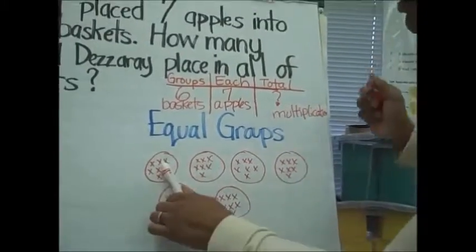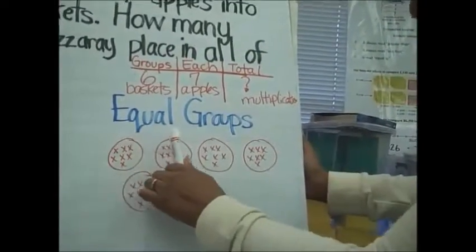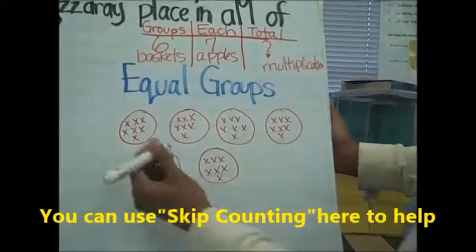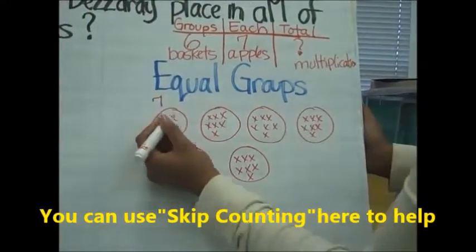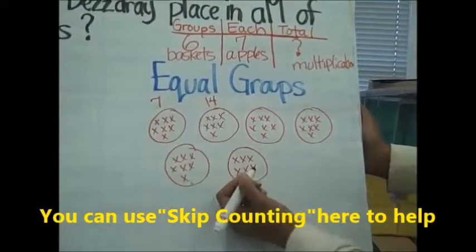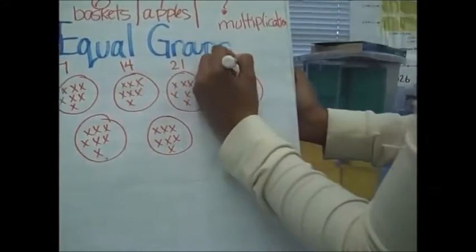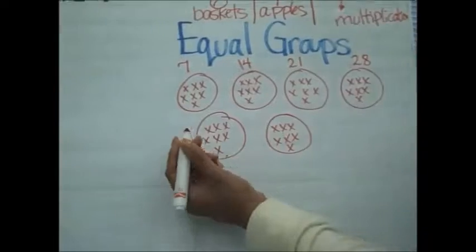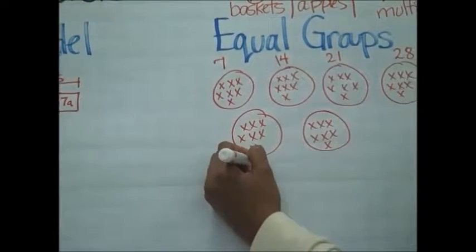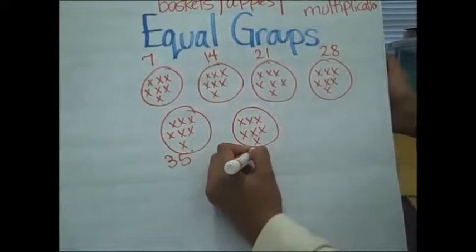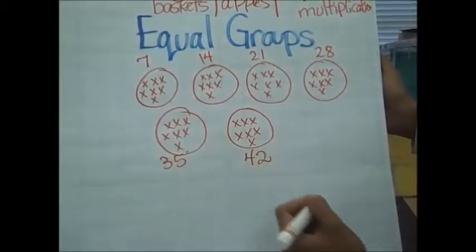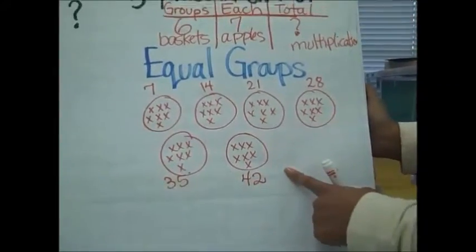To help me with counting this, I could use skip counting as I go along. I know I have 7, another group makes that 14, a third group makes that 21, a fourth one is 28, a fifth one is 35, and my 6th group makes it 42. So I've solved, having 42.